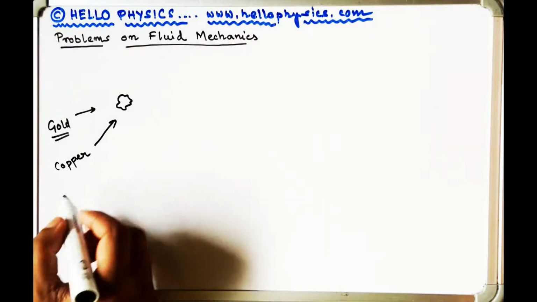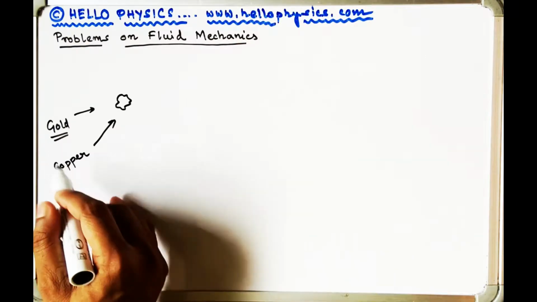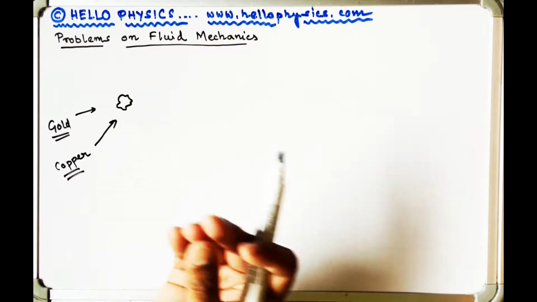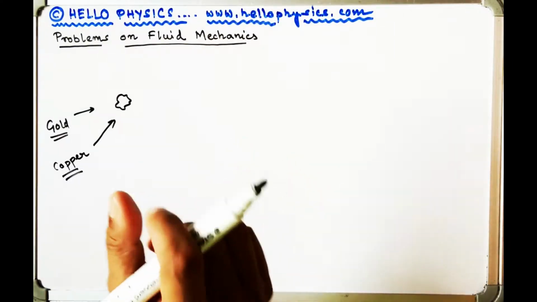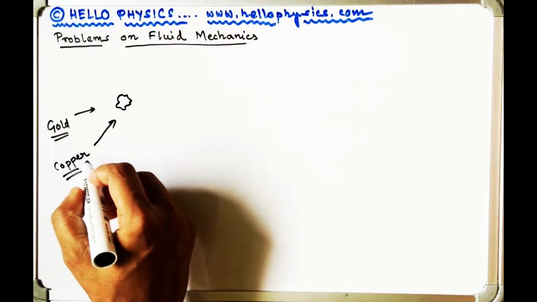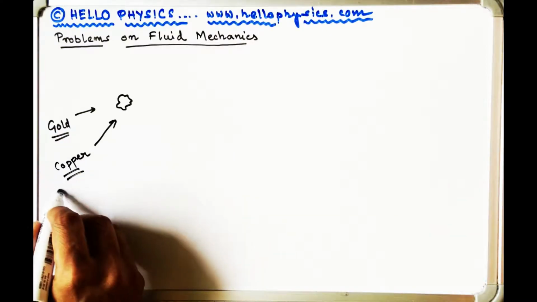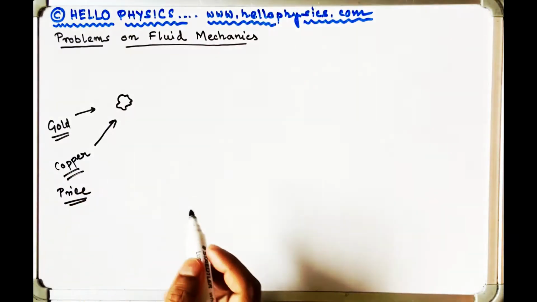Copper has a very similar color, almost similar color as gold. So if you mix a little bit of copper into gold, it's very difficult to identify. At the same time, copper's price is much less as compared to gold.